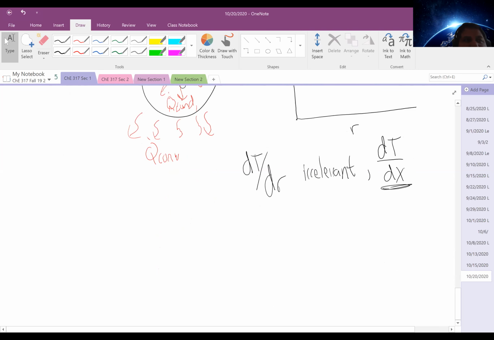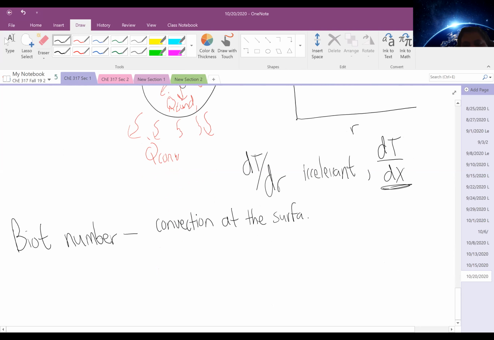We can quantify whether a lumped system can occur through the Biot number, which is a comparison of the convective heat transfer at the surface of an object over the conduction within an object.